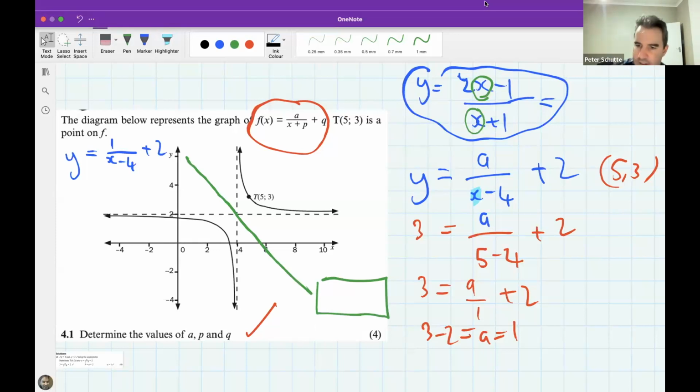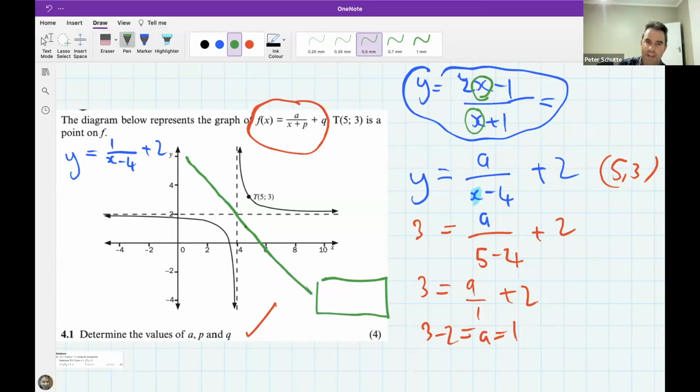So why is the 4 negative? When you work with the asymptote going through the x-axis, you have to ask yourself what needs to be in the equation so that when I put that value 4 in, it would cause division by 0. If you're putting 4 in here, 4 minus 4 is 0, works fine.